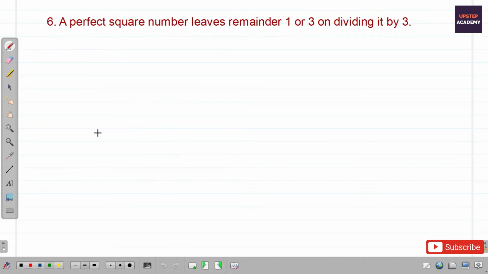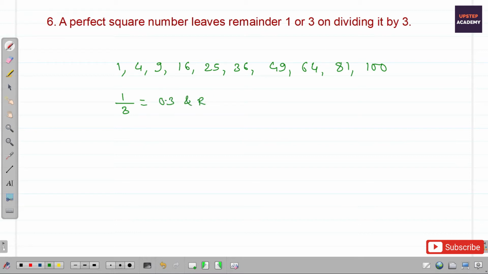Let's go and see the sixth property of square numbers. Sixth property is a perfect square number leaves remainder 0 or 1 on dividing it by 3. Let us take perfect square numbers 1, 4, 9, 16, 25, 36, 49, 64, 81 and 100. These are the squares of the first 10 natural numbers. If we divide 1 by 3, the quotient is 0 and the remainder is 1.